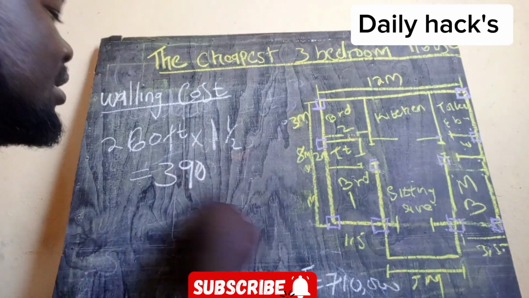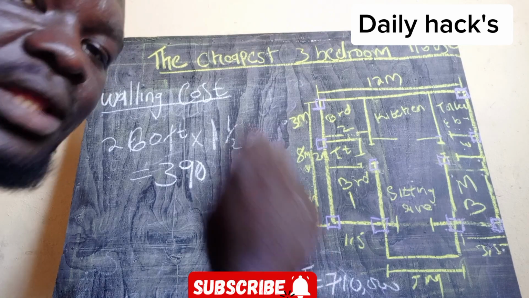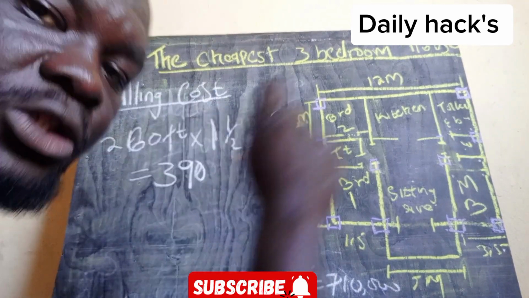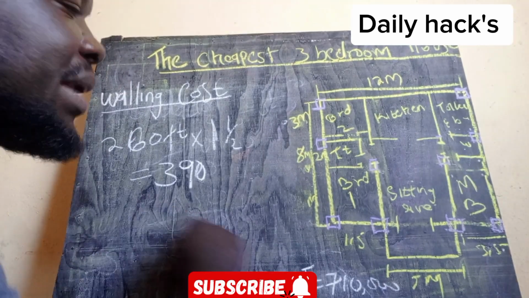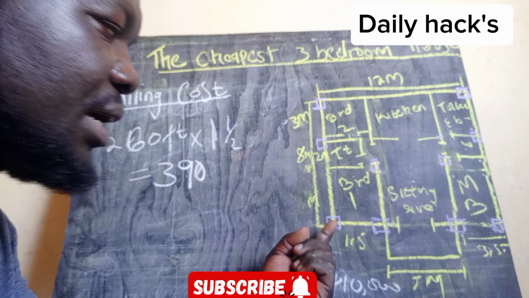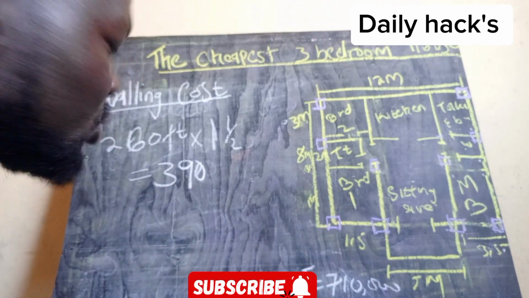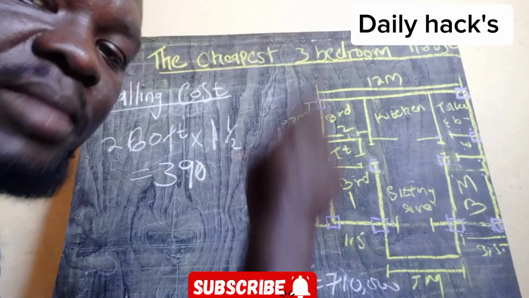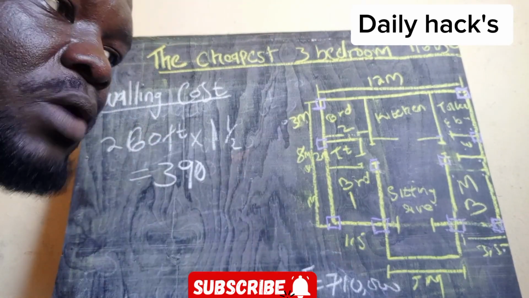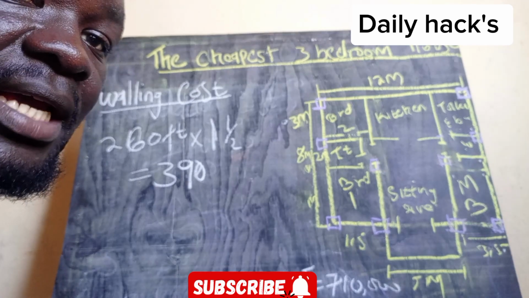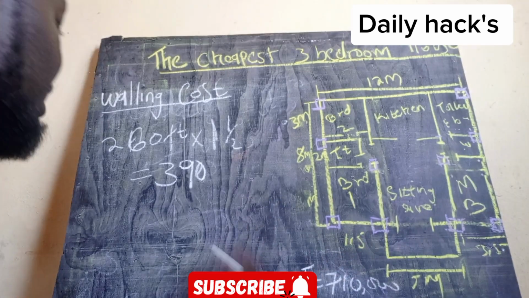So for you to get the total stones for the walls, you multiply by the courses that you will build the house. For example, this house will do like 12 courses. So you multiply this by 12 or by 11 or by 10 according to your preferences. But me, let's do by 11.